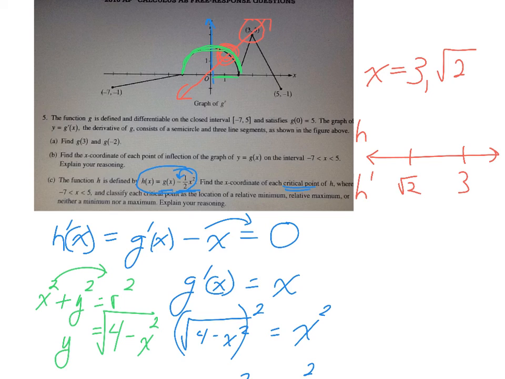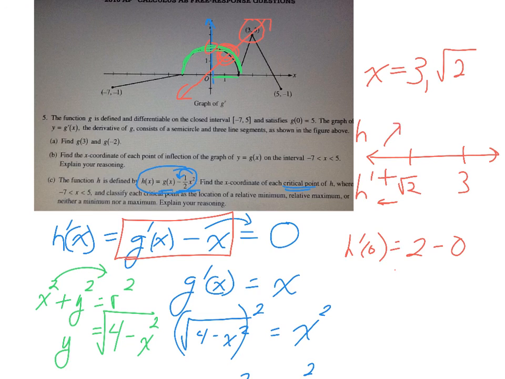I need something in this interval here less than root 2. So 0 works nice. Remember, this was h prime right back here, g prime minus x. So h prime of 0, well, g prime of 0 is actually 2 minus 0. That is 2, that is positive, and we are increasing.